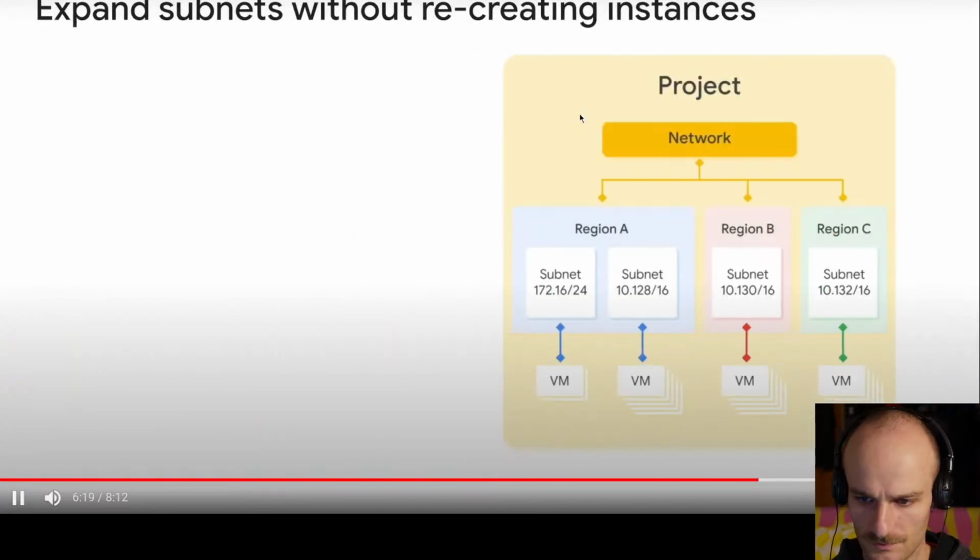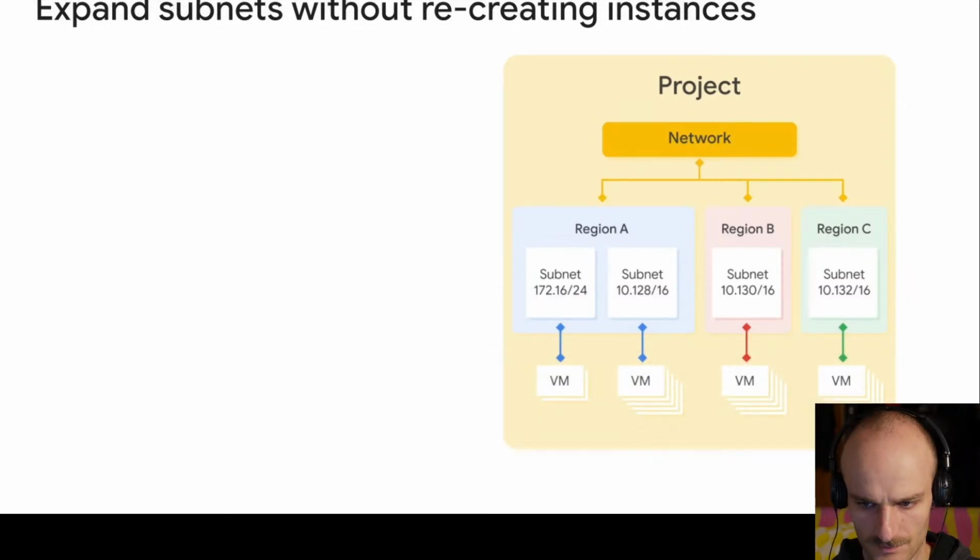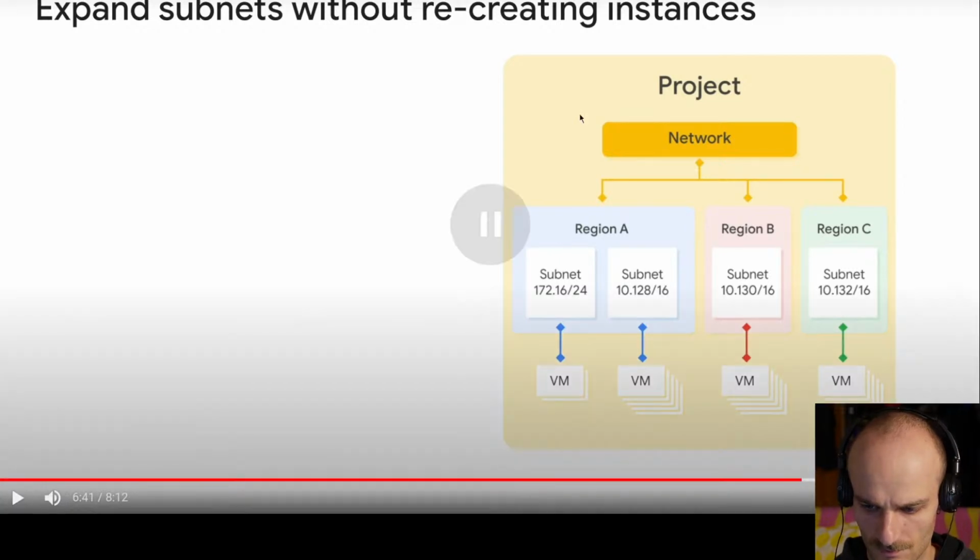Speaking of IP addresses of a subnet, Google Cloud VPCs let you increase the IP address space of any subnet without any workload shutdown or downtime. This diagram illustrates a network with subnets that have different subnet masks, allowing for more instances in some subnets than others. This gives you the flexibility and growth options that meet your needs. A /24 will mean fewer machines possible, a range of /16 more machines.